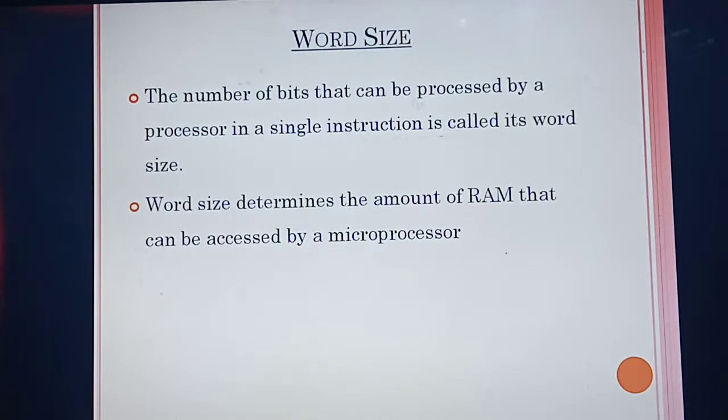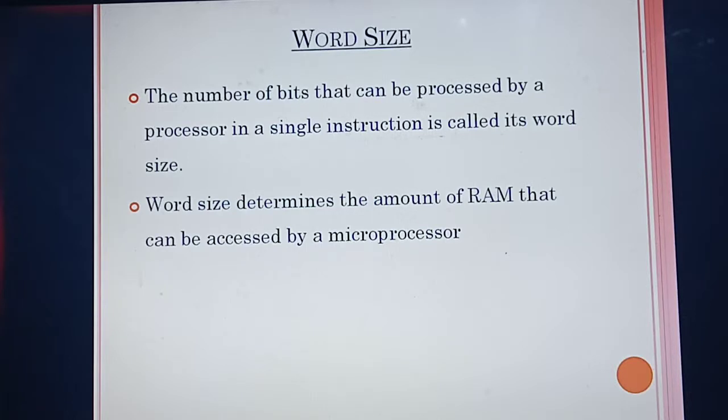For a single instruction or a single command, how many bits are processed by a processor? For example, you are giving a single instruction, go straight, or do well. That instruction contains how many bits, processed by whom? The processor. That is called word size.